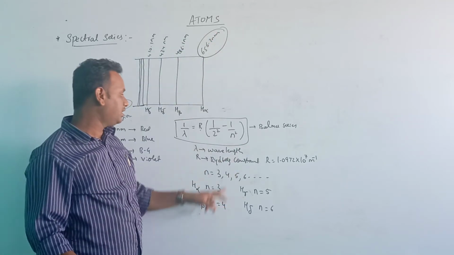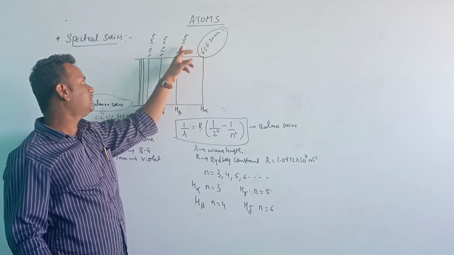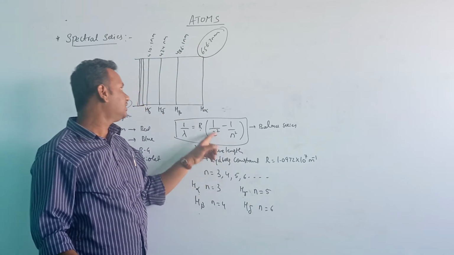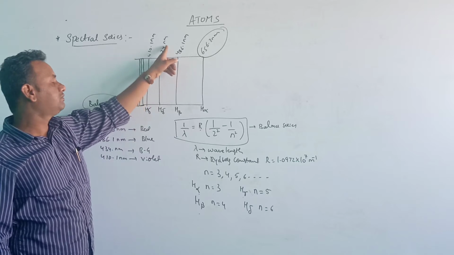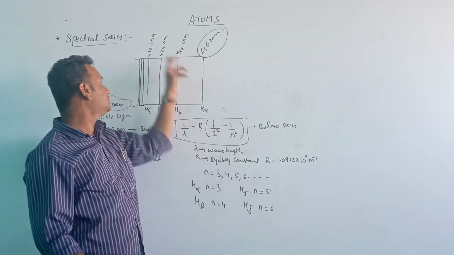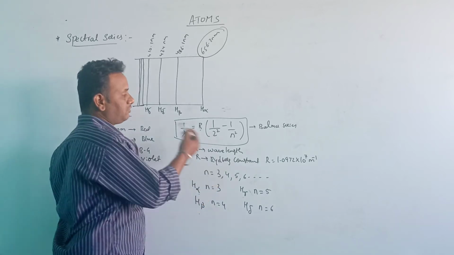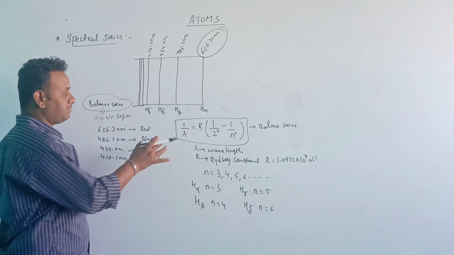Try this at home. If I substitute n equal to 4, I get 486.1 nanometer. For n equal to 5, I get 434 nanometer, and for n equal to 6, I get 410 nanometer. This is for the Balmer series.